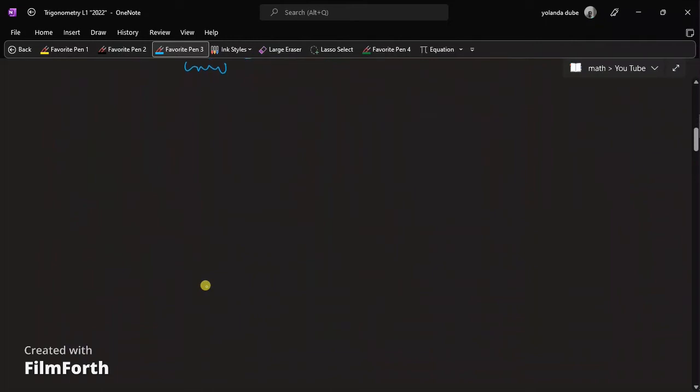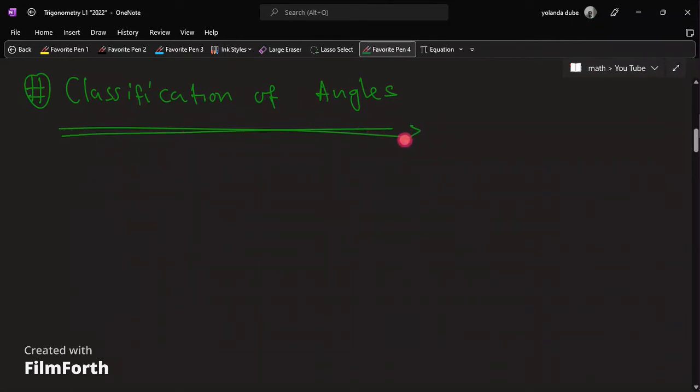Then let's move on to the next category, which is the classification of angles. You see, these objects that we call angles can be classified into 4 categories.